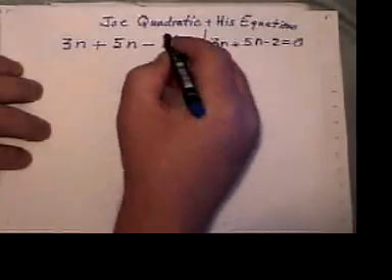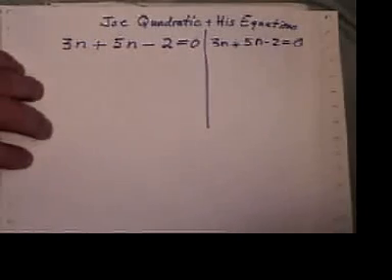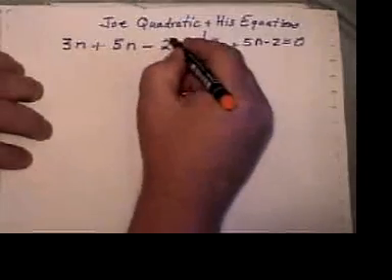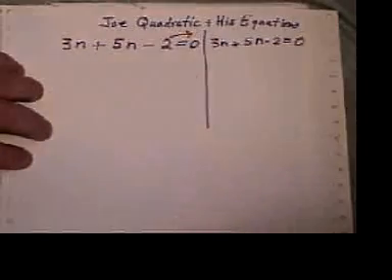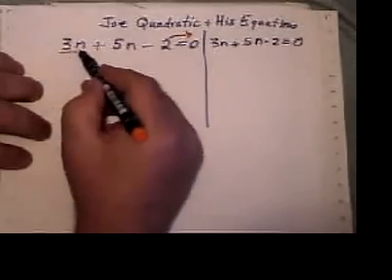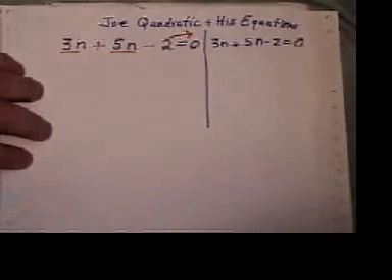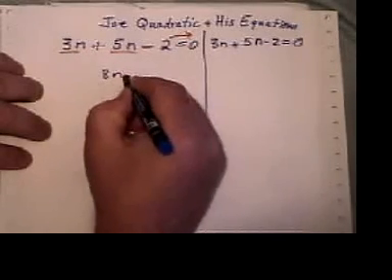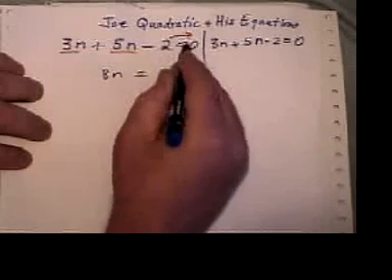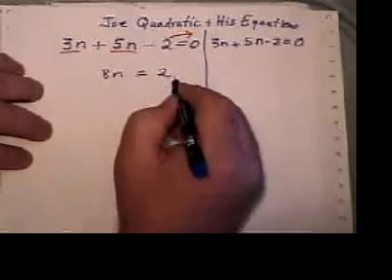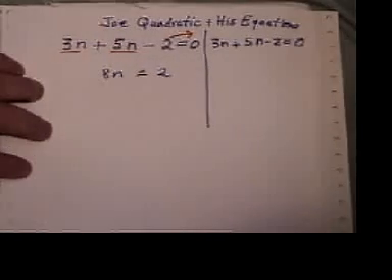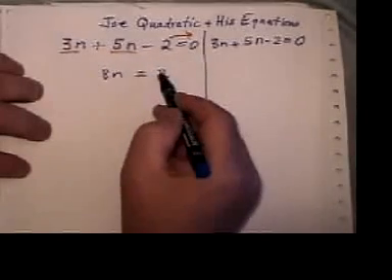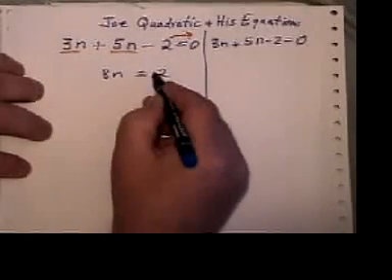Well, your first step might be to say, I'm going to take this minus 2 across the border, and at the same time I'm going to join these guys up and say 3n plus 5n is 8n. If I've taken the minus 2 across the border, it now equals 2 on the other side, because 0 plus 2 is equal to plus 2.